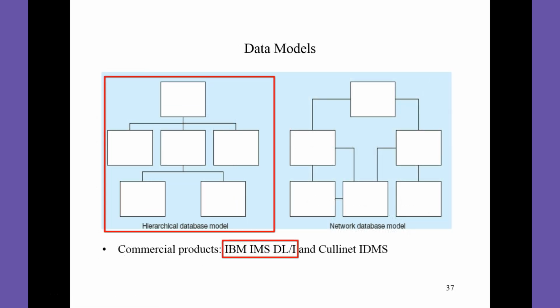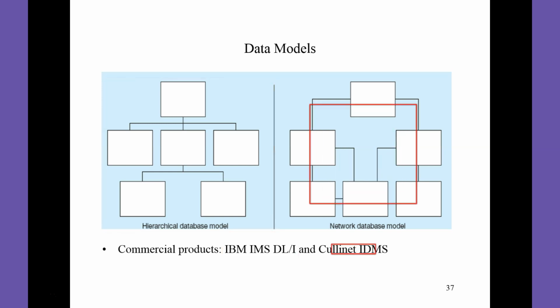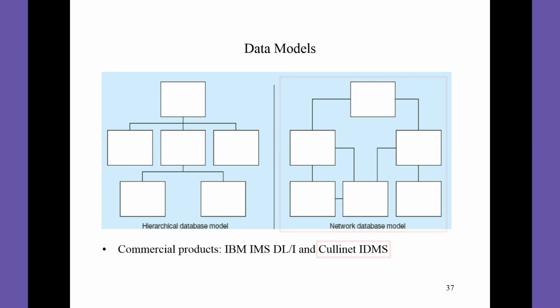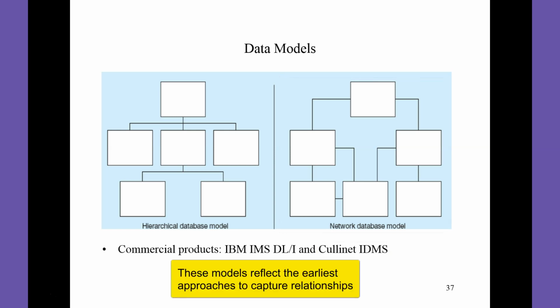The primary commercial product for the hierarchic model was a mainframe database by IBM called IMS DL1. The primary model for the network database was a product put out by Cullinet called IDMS. The hierarchical and network database models were the earliest attempts to structure data according to relationships between entities.